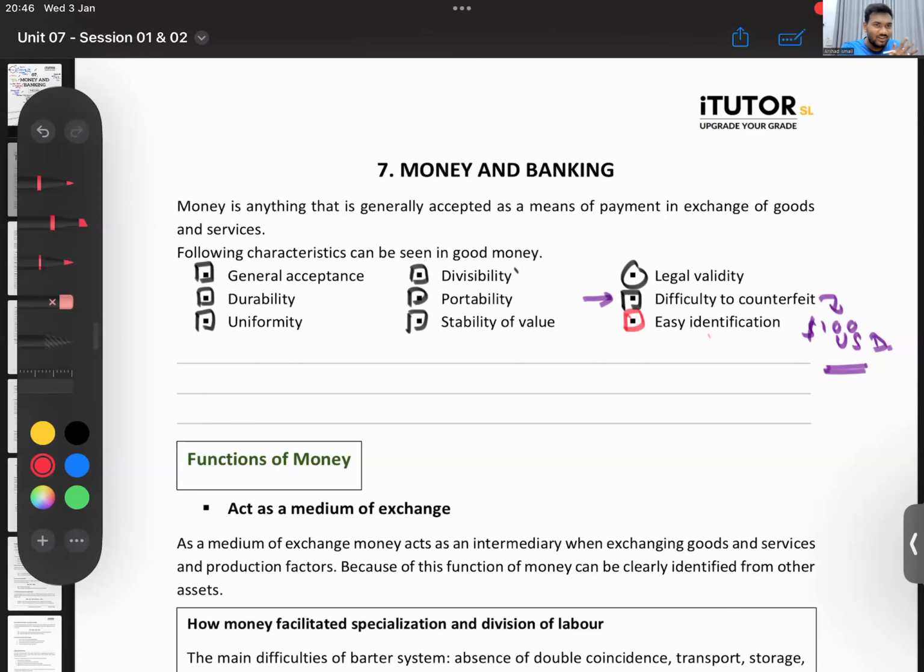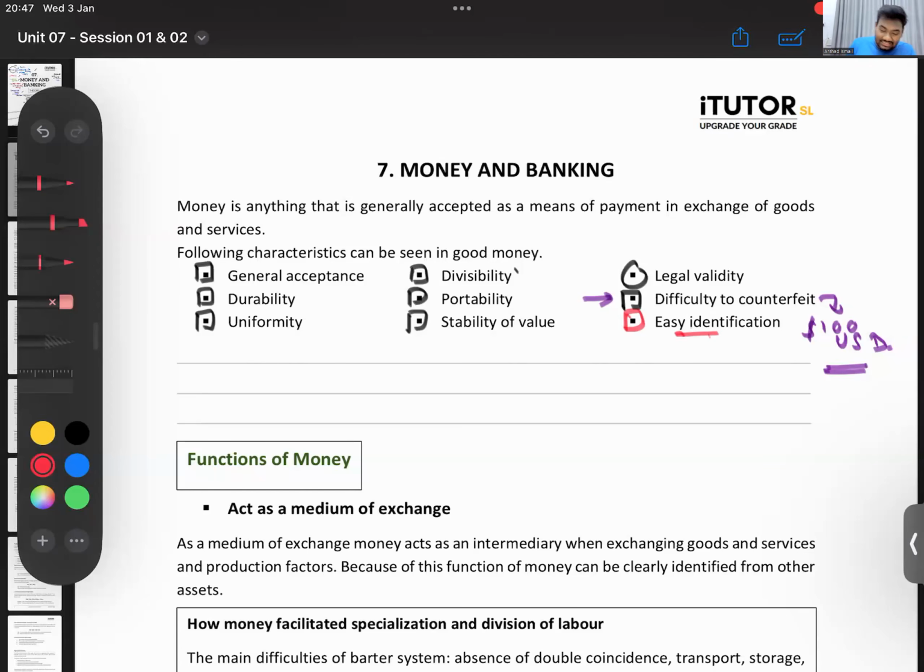You can't fool him by giving him a piece of paper. He knows that's not money. Have you all realized that? Even the smallest kids, maybe 3 years, 4 years, can identify money when they see it. So that's what we say, easy identification. This is not a very difficult area. That's why I went faster.